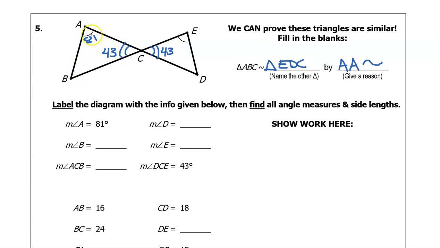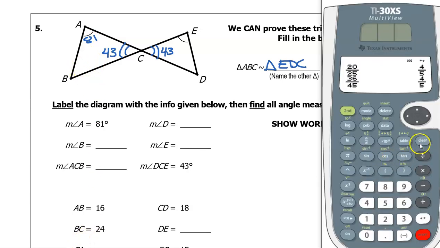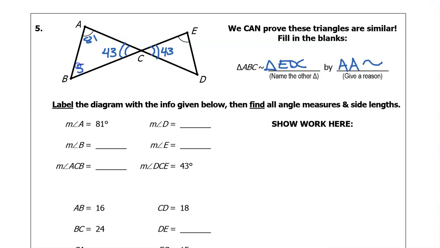And that gives us 2 out of 3 angles on the left triangle. So we can go ahead and subtract from 180. So 180 minus 81 minus 43 is 56. So that means that angle B right here is 56. And that corresponds with angle D, so this is also 56. And we already knew that angle A was congruent to angle E, so this is 81.